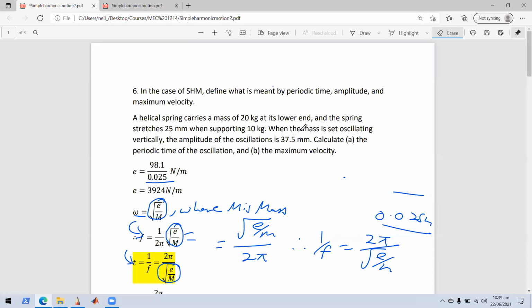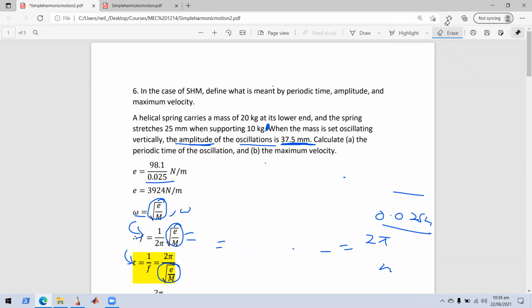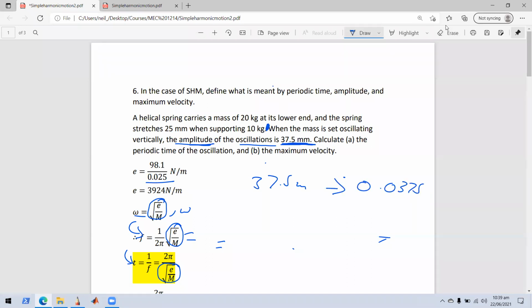Looking at from here, when the mass is set oscillating vertically, the amplitude of the oscillations is 37.5 millimeters. So 37.5 millimeters goes to 0.0375 meters, right? Just divide by 1,000. Oh, I know, okay, sir.